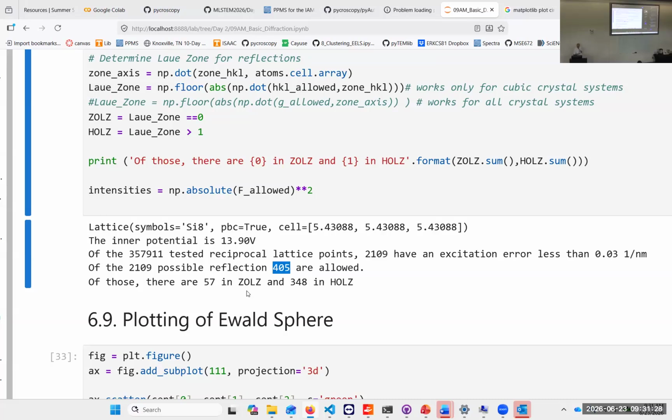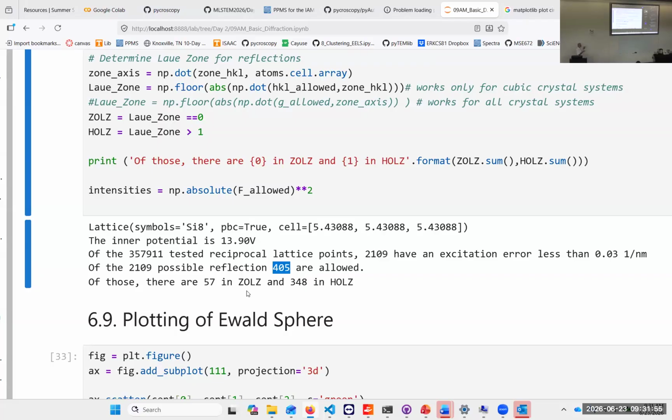So the question, if I translate it into how I was introducing it: the first order of magnitude for this excitation error is 1 over the thickness of your sample. That's where I was going with the column approximation.